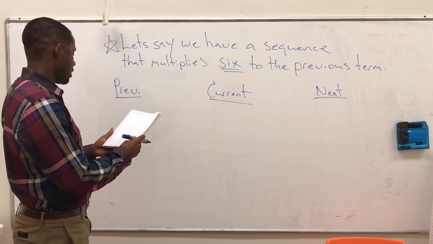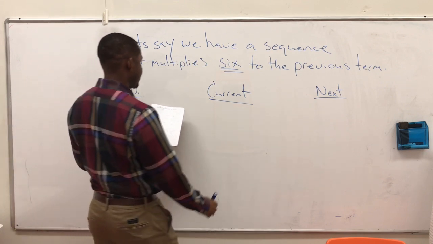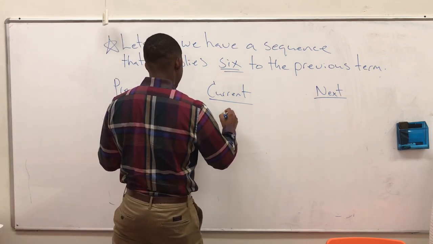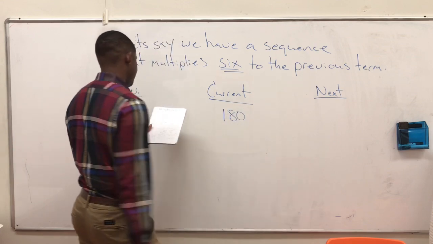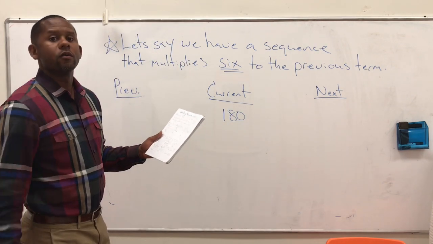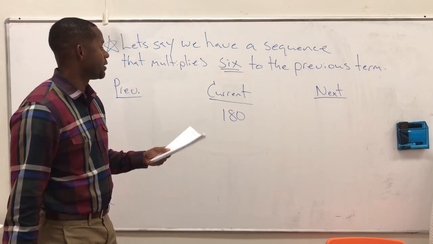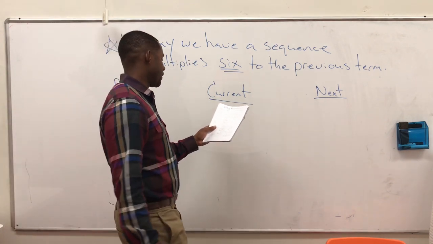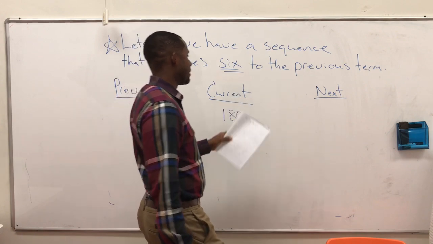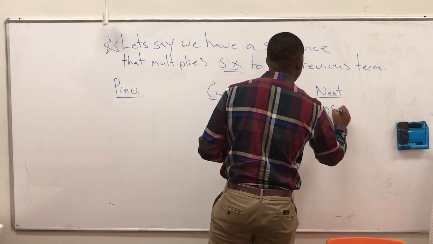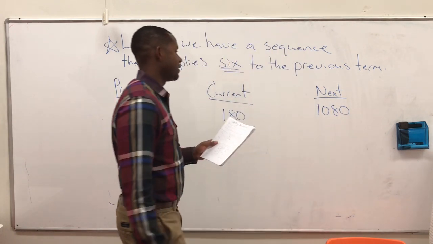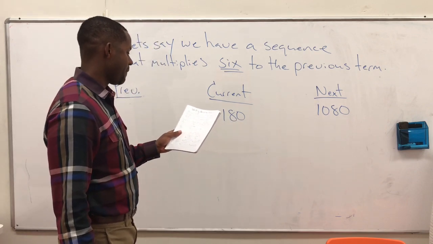Okay? So let's say our current term is 180. All right? What's the next term gonna be? If you always multiply 6 to the previous term, hopefully you just figured that out. You say, oh, I take 180 times 6, which I believe is 1,080. Okay?